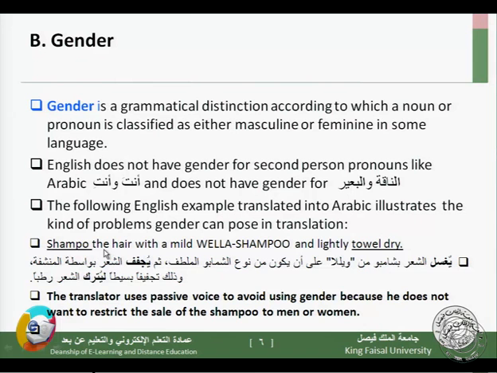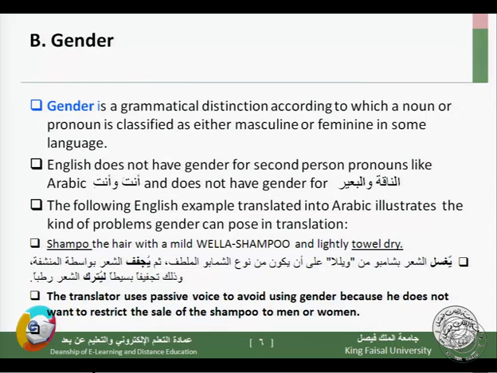Now, shampoo, this is an advertisement, or instructions, sorry. This is a piece of instruction given to the customer, to the user of the shampoo. Do this, don't do this. Now, what it says here: shampoo the hair with a mild Wella shampoo and lightly towel dry. This is how English people speak. Shampoo the hair. Now here, they are addressing you.